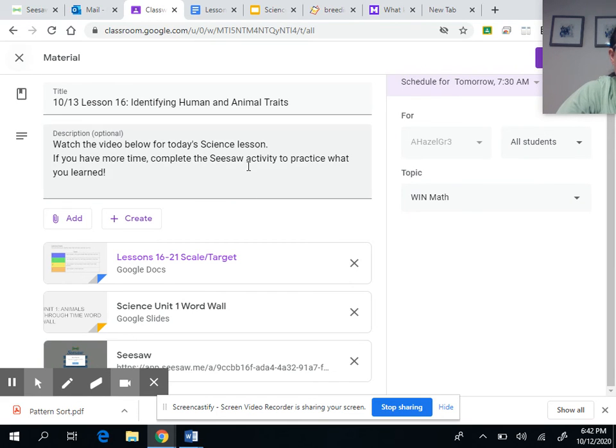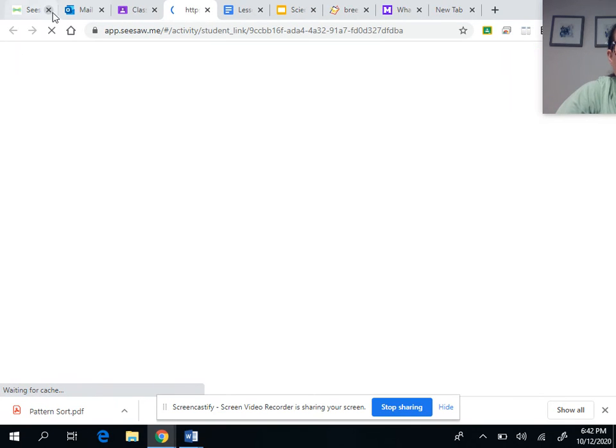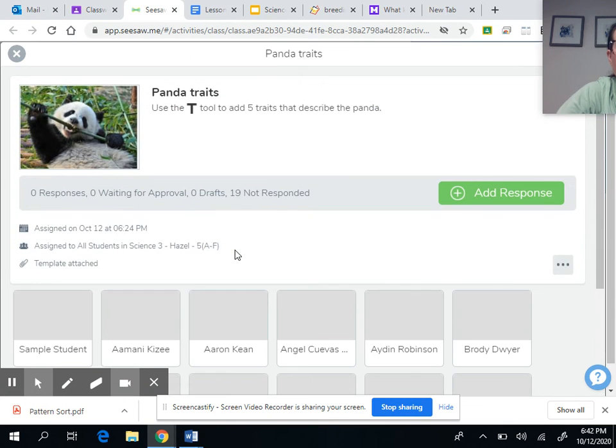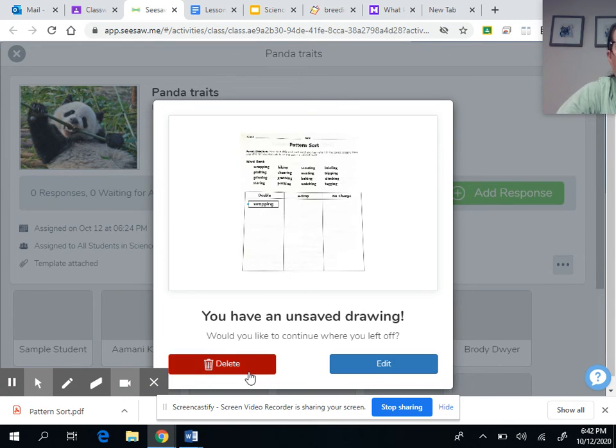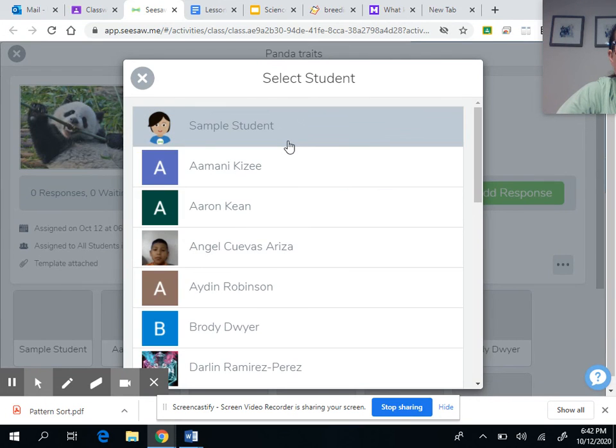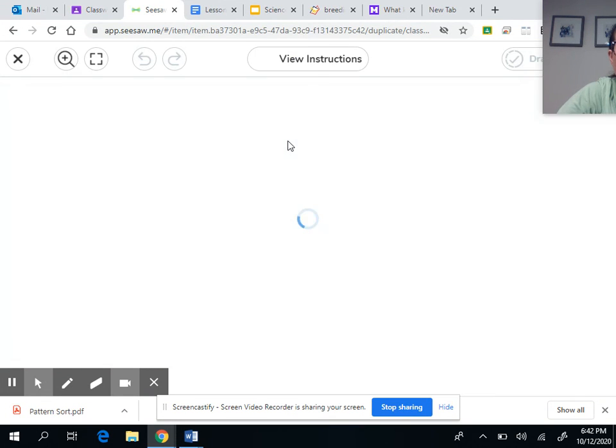So when you're on the lesson today, you have a Seesaw link, and it's going to take you to this activity here called Panda Traits. Okay? So you click on Add Response, go to your name. I am the sample student.